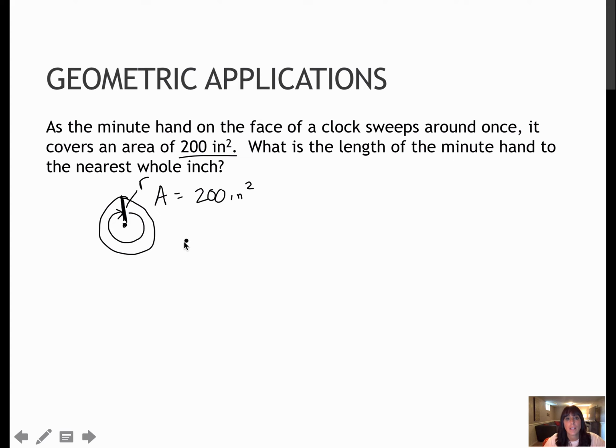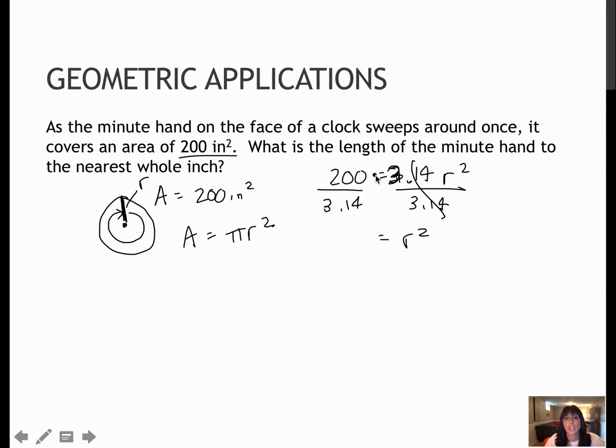We know that the area of a circle is pi r squared, so that's the formula we will use. They give us that the area is 200. Pi, we're just going to use 3.14. And radius squared, we don't know. I'll divide each side by 3.14, which of course will give me r squared all by itself over here.